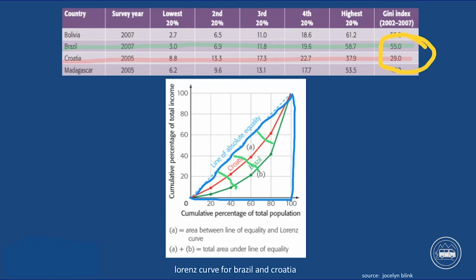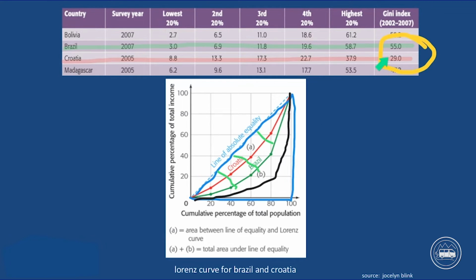Because, as you can imagine, if there were a country that had a Lorenz curve that looked like this, that would take up a higher percentage of the blue triangle. And therefore, the Gini index for this line right here, this fictitious black country that I just added, would be higher than Brazil's.